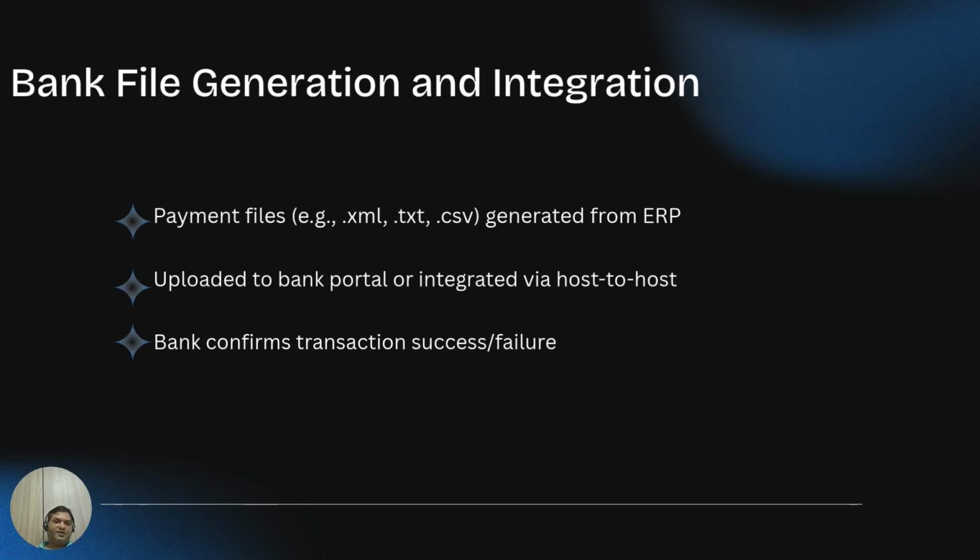The first step is you download the file from your ERP system based on whatever parameters you want to add. Then you do your basic validation, and the file is uploaded to the bank portal, or there is an integration between your system and the bank system where the information can automatically pass. Once this is successfully executed, the bank confirms the transaction as successful or failed.